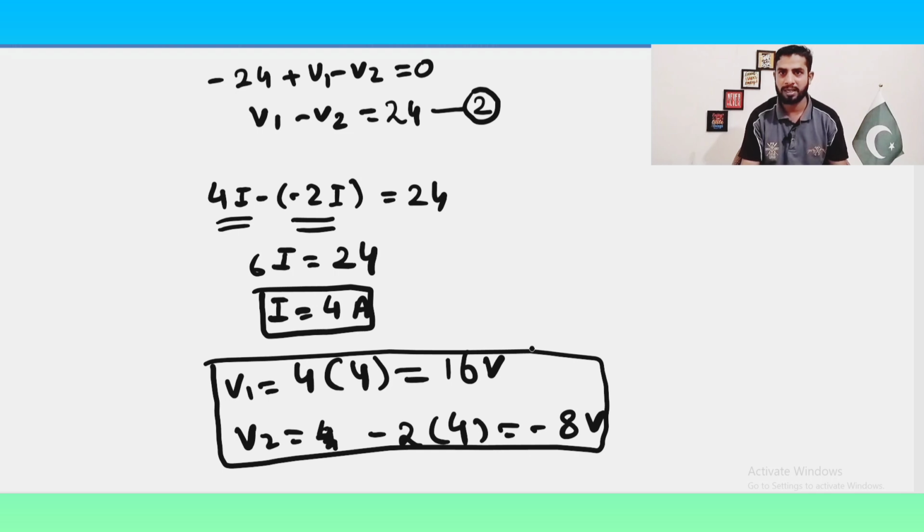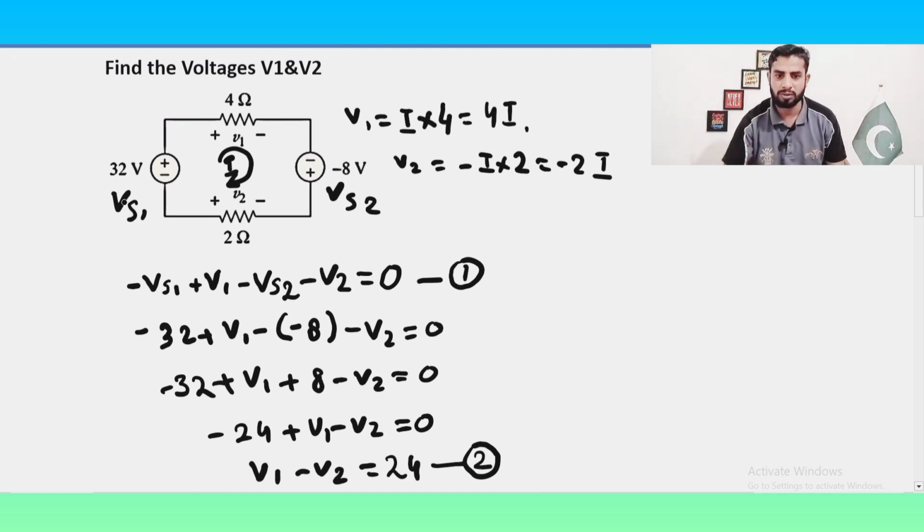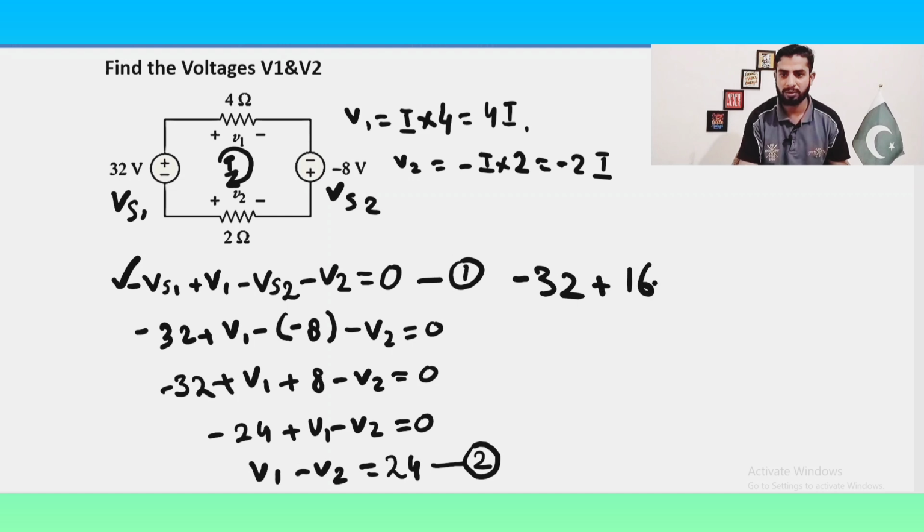For the next step, which is a very important step, you have to put back the values of V1, V2, Vs1, Vs2 into the master equation, and if you get a 0 result, it means your final answer is true. So put in the values here. You will have minus 32 plus V1, that was 16, minus Vs2, Vs2 was minus 8, and minus V2, you found minus 8.